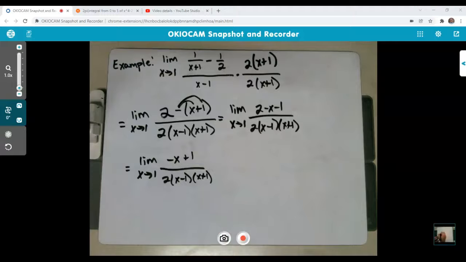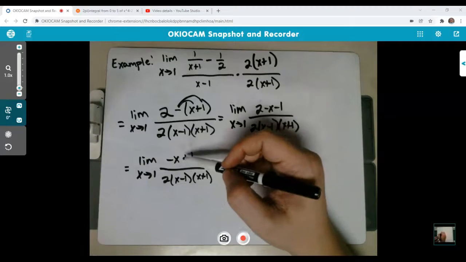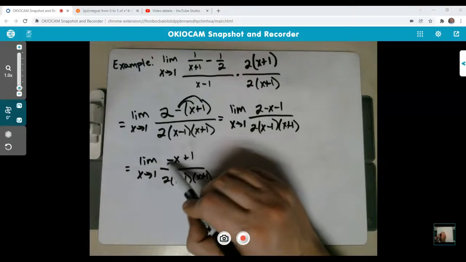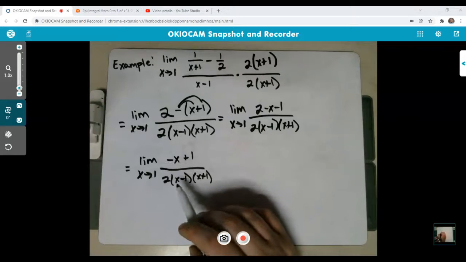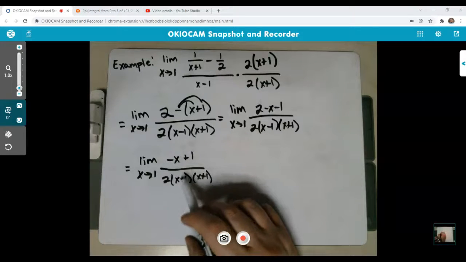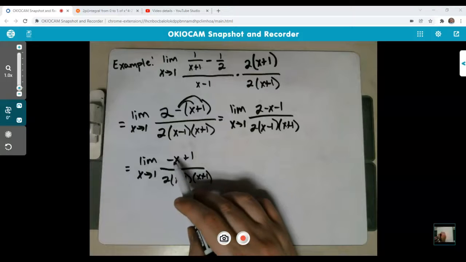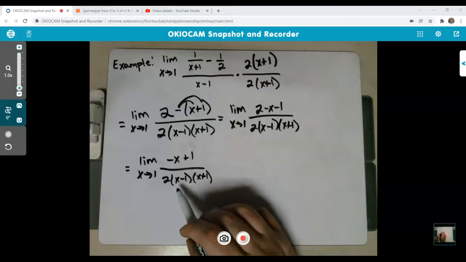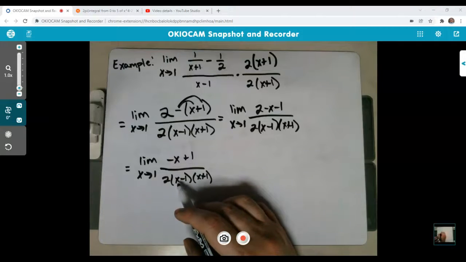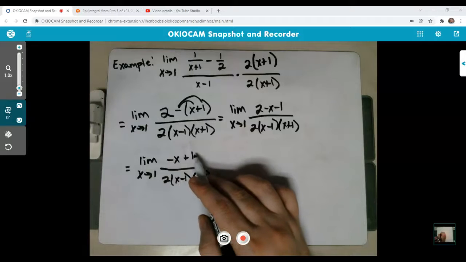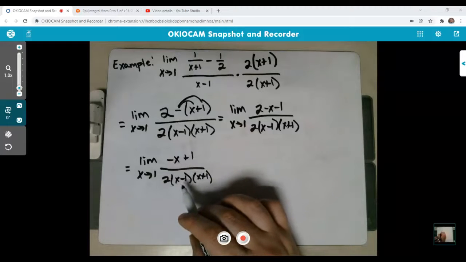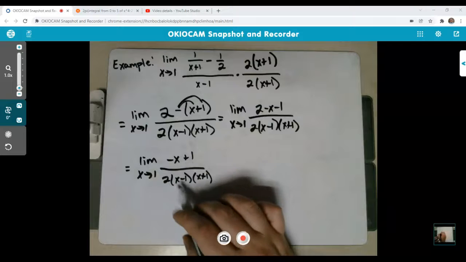Now, as it stands right now, there's nothing I can do here. But if you notice right here, this looks a little bit like the factor I have right here, except my signs have changed, right? I have negative x, whereas down here I have positive x. I have positive 1 right here, whereas down here I have the minus 1. So these are the same except for the signs, right?